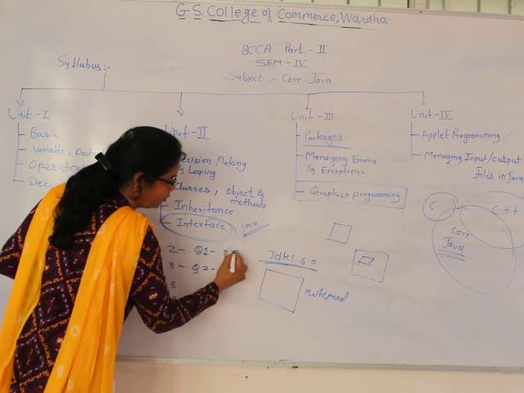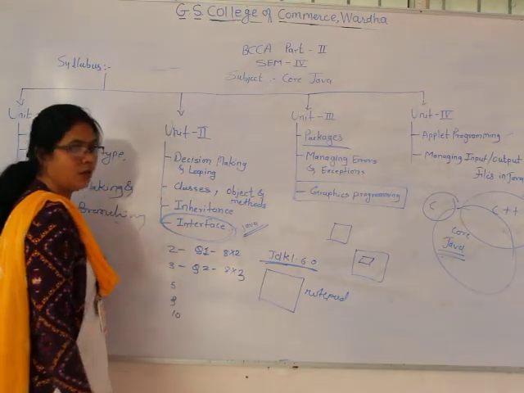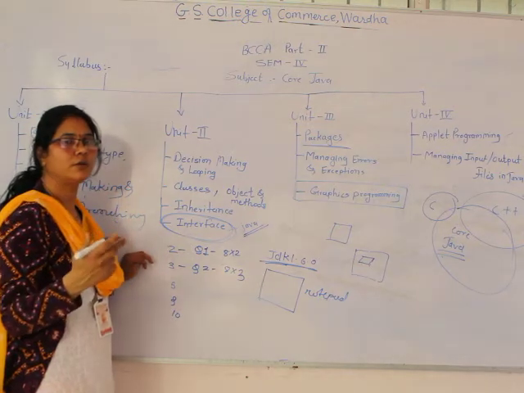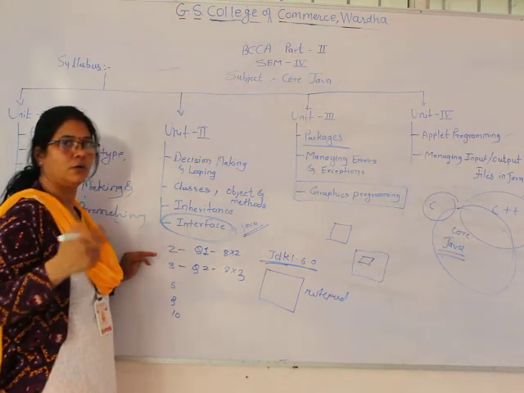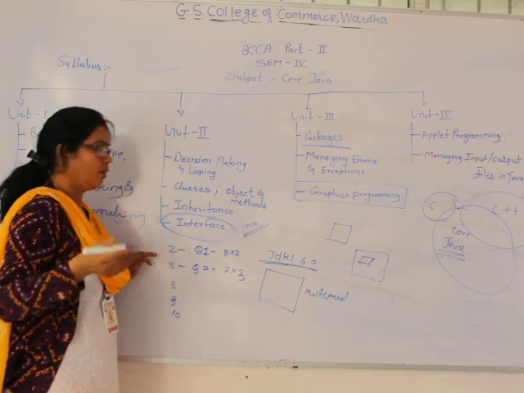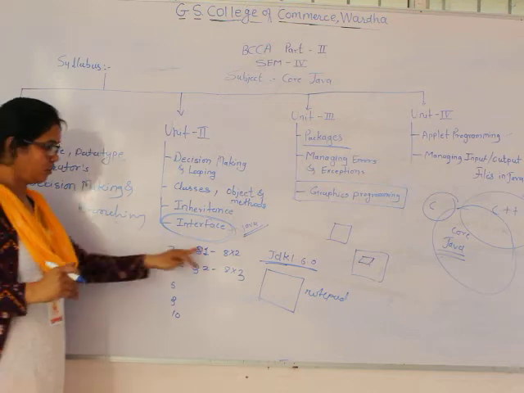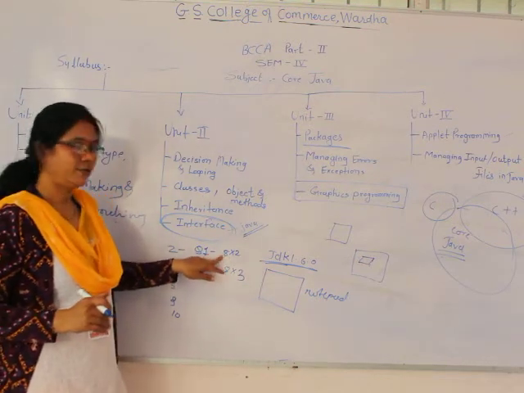In those 8 questions, the first 2 belong to unit 1, the second 2 to unit 2, then unit 3 and then unit 4. So all the units are covered in those 8 questions.